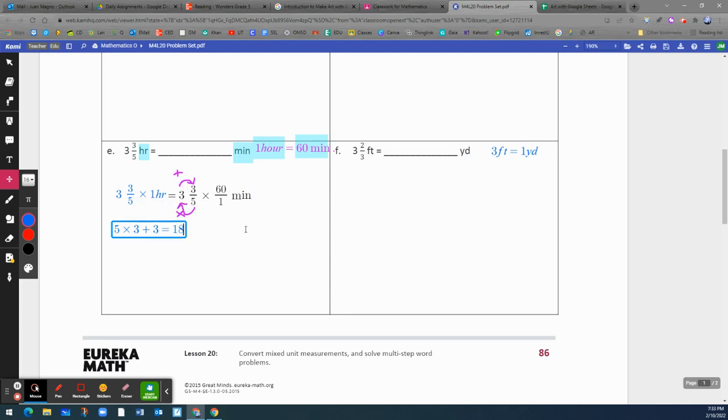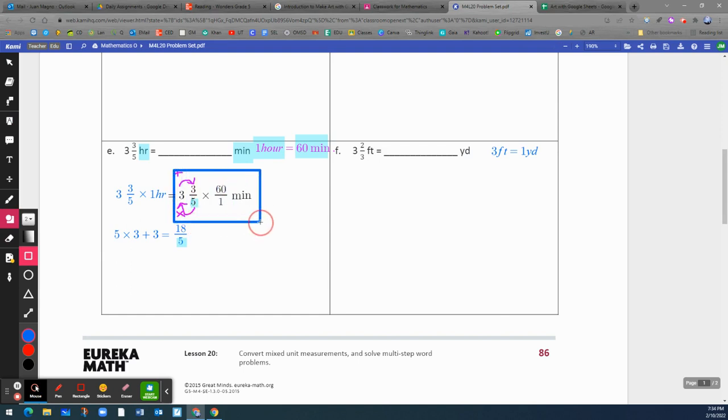Now that's going to be our new improper fraction. So remember, now that's going to be 18 what? Well, 18/5. We're going to keep the same denominator, just like on the mixed number. The denominator is 5, so we're going to keep the same denominator. Once we convert that improper fraction, we can rewrite this multiplication again, but with that improper fraction, which is right here.